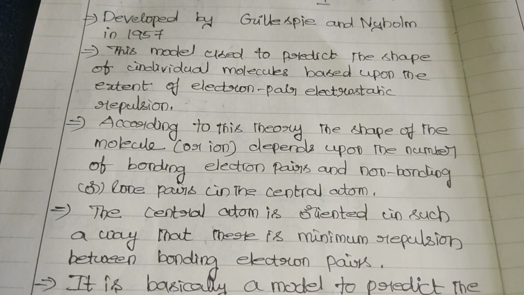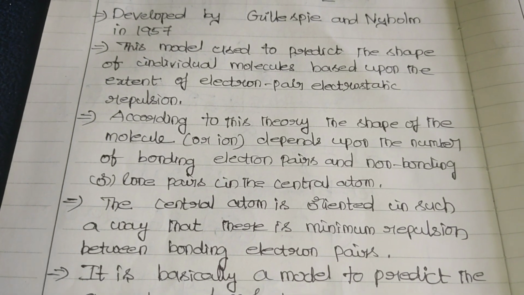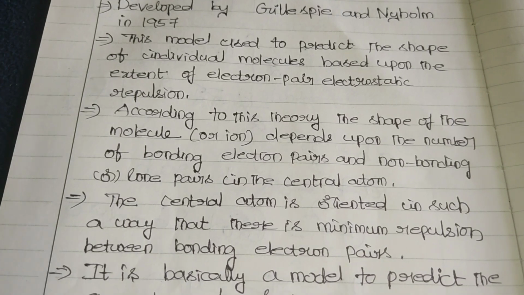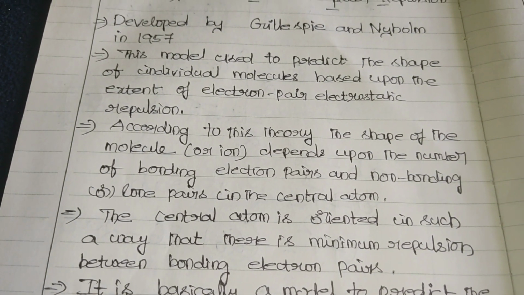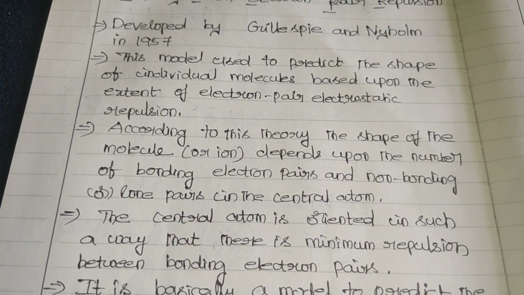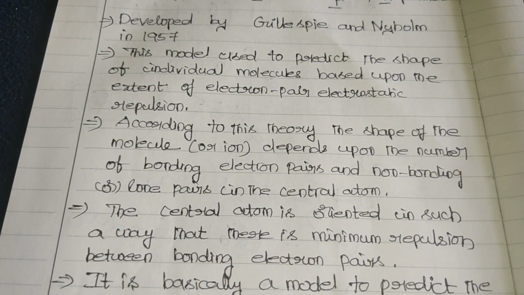So we know that when two atoms combine with each other by sharing of electrons, a covalent bond is formed. There will be two types of electron pairs: bonding electron pairs and non-bonding electron pairs.